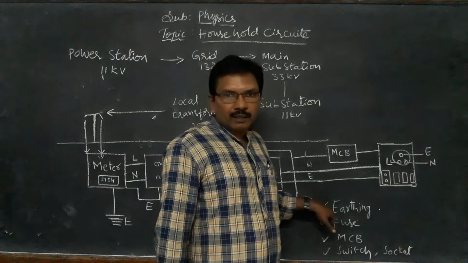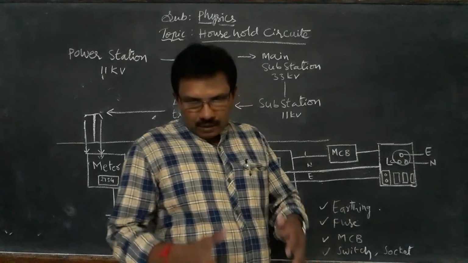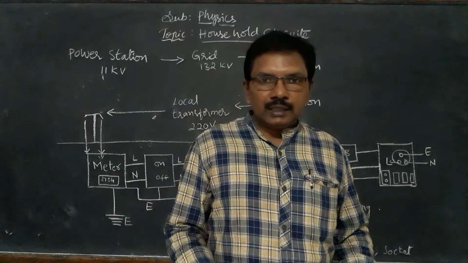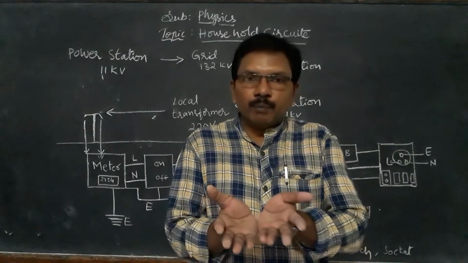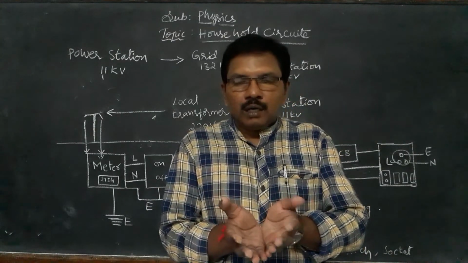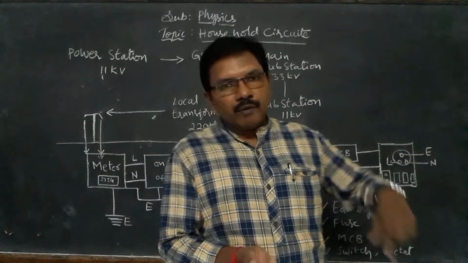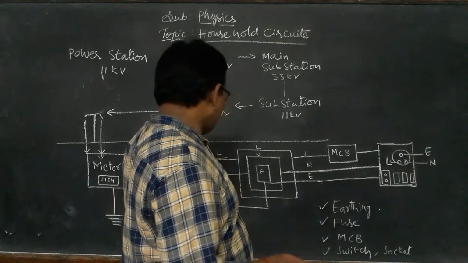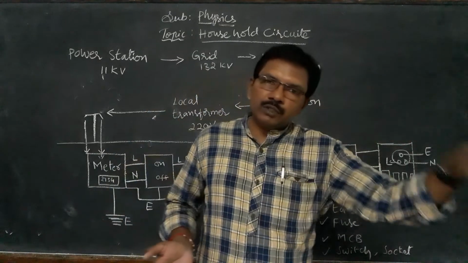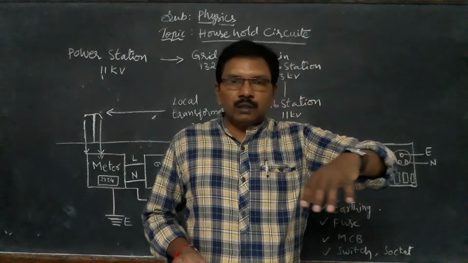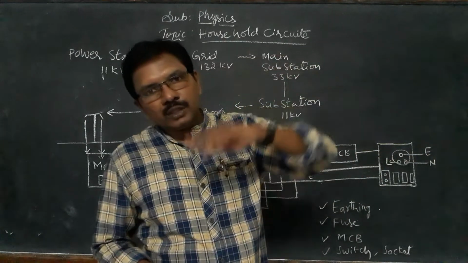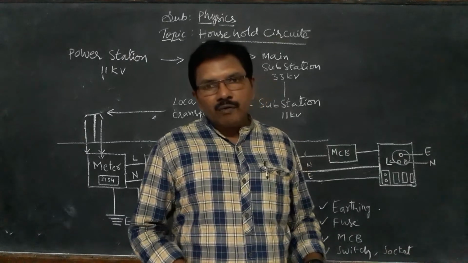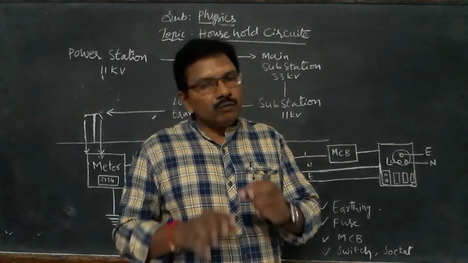To make the earth wire, dig a hole in the ground near the house, take a metal plate and connect it to a copper wire. That copper wire is connected to the meter and main, and passes continuously through the house along with the other 2 wires. Wherever it is required, we connect it; wherever we don't need it, we don't connect it.